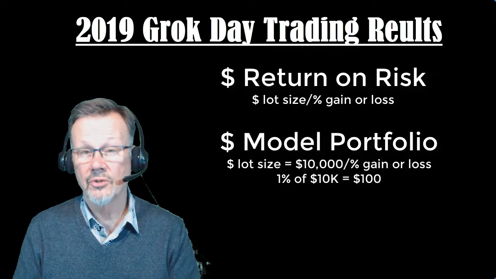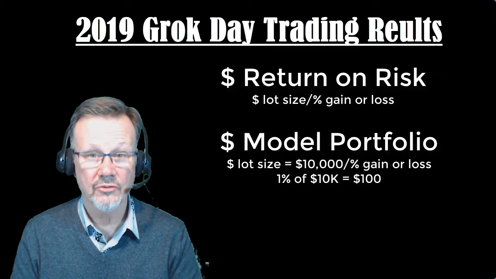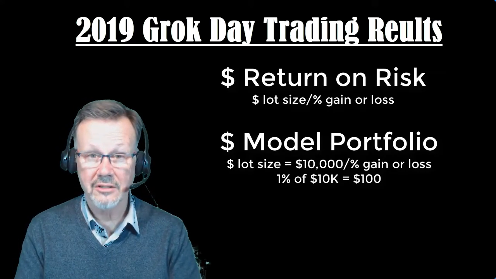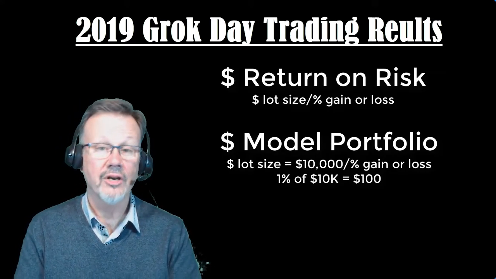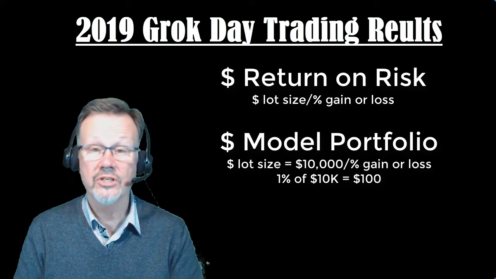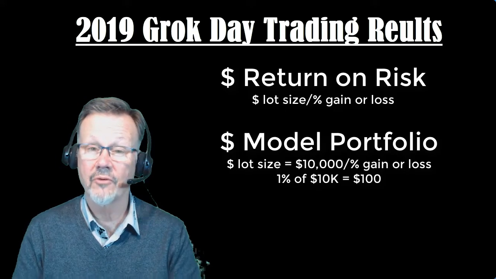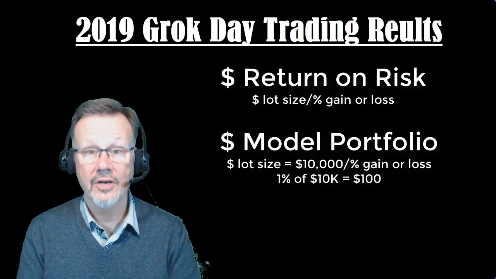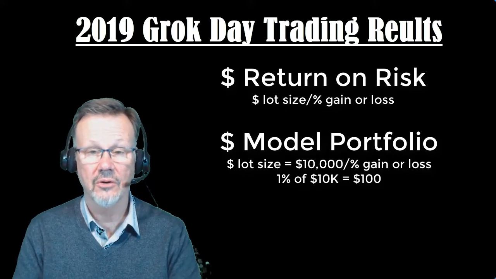So if you were to buy $10,000 worth of stock each time, each trade, that's what we call your lot size, and then we have an automatic 1% stop attached to our trade, so we're actually risking $100 per trade. But then for every 1% net gain we have, that would be equal to $100 if you're doing that $10,000 lot size.